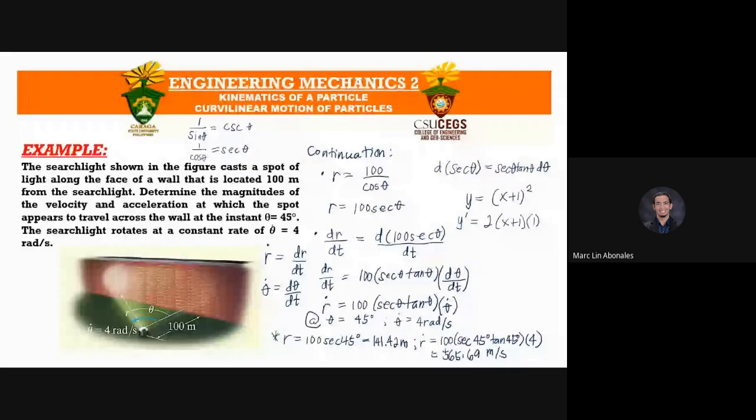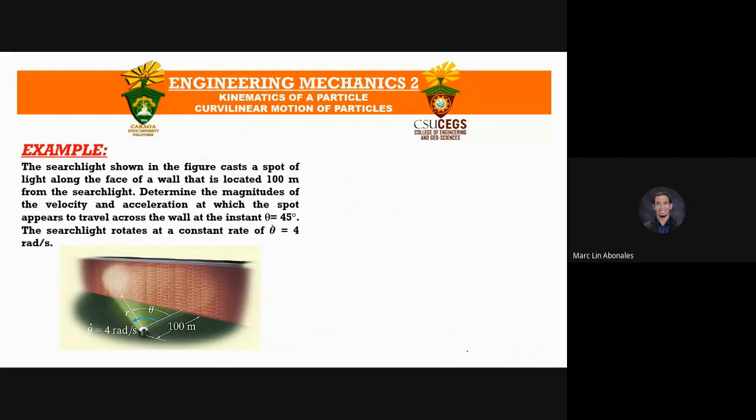Nga naman meters per second because pag derivative man gud nato sa R, that is with respect to time. So, since meter man na tong R, so pag derivative with respect to time, so meters per second. So, technically, this is a velocity, kaning R dot. Mao na ito ang radial component sa velocity is equal to R dot kay meters per second manggod ni. So, we had already the values of R and R dot.